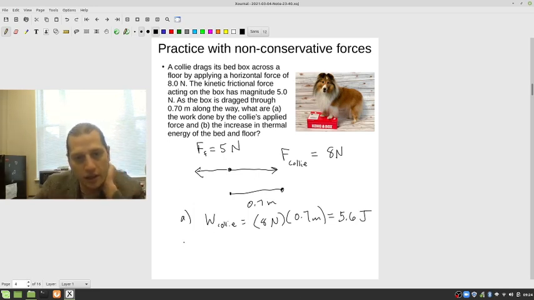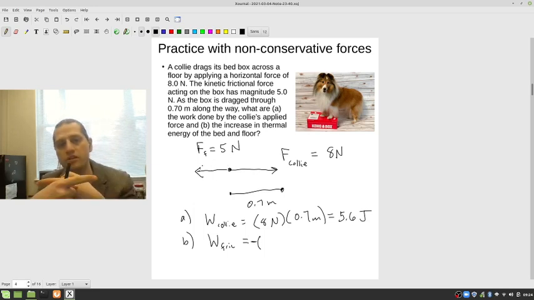Okay, then the work done by friction is going to be negative. Why? Because the displacement of the object and the direction of the force are opposite. So the cosine of 180 is -1. Also, they're pointing in opposite directions.